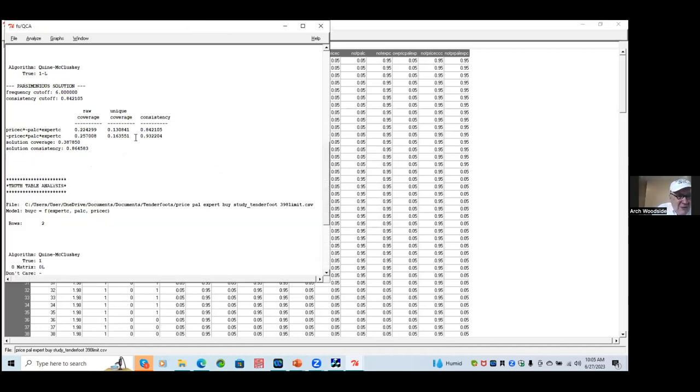And these are the two models that we looked at. The first model is price, not PAL, expertise, and consistency 0.84. And the second one, the consistency is higher, and it's low price, high PAL, in other words, PAL present, and expert, so it's quite a good model.